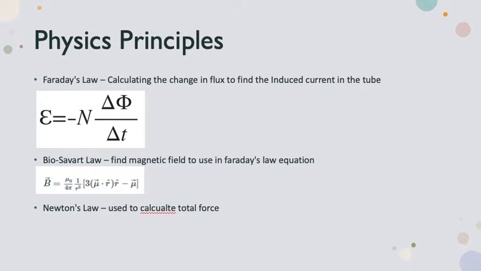The second is the Biot-Savart law, which is used to find the magnetic field to use in Faraday's law. The last concept is Newton's law, which we use to calculate total force as well as velocity and time. Another principle we use is current equals EMF over R.